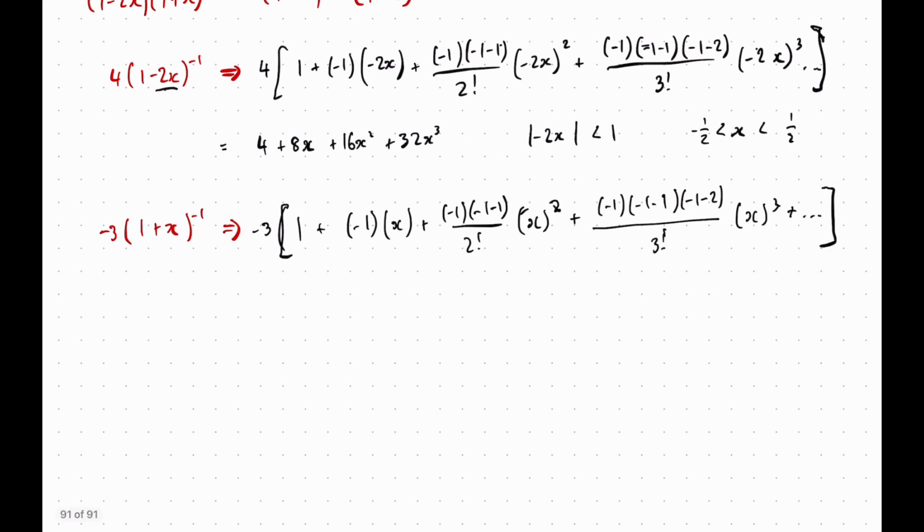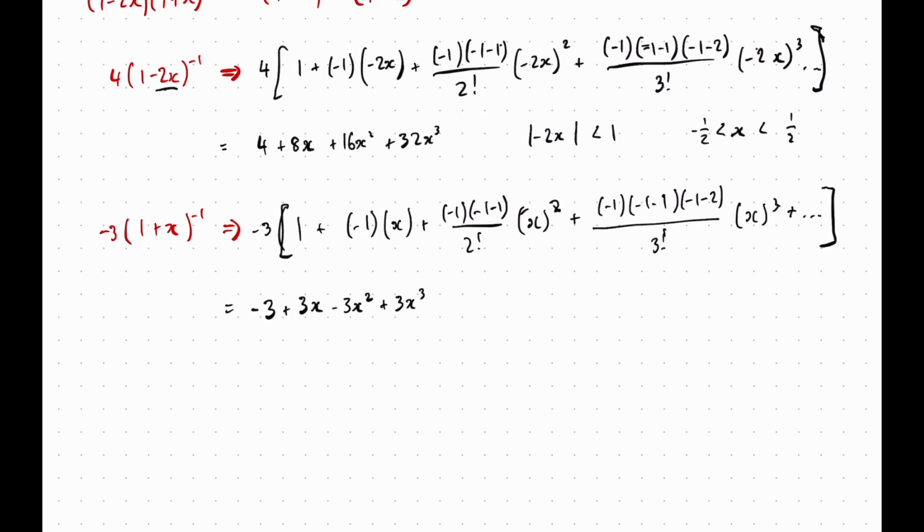Looking at the second one, I'm just going to read out the answer and you can work it out later on. Minus 3 plus 3x, negative 3x squared, plus 3x cubed.